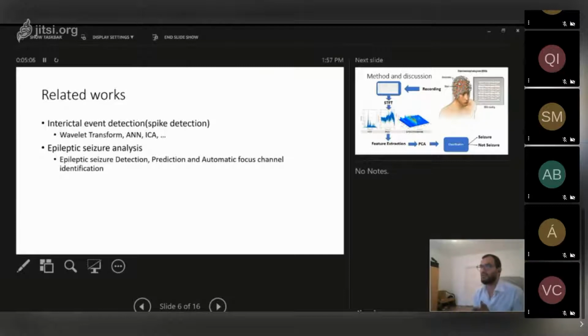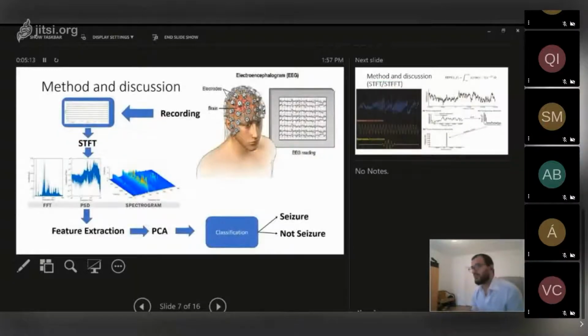In this paper, we focus on epileptic seizure detection rather than interictal event detection. This is the paradigm for this paper, and you can see the whole procedure, where at the end we can say whether a person is classified as seizure or not seizure.